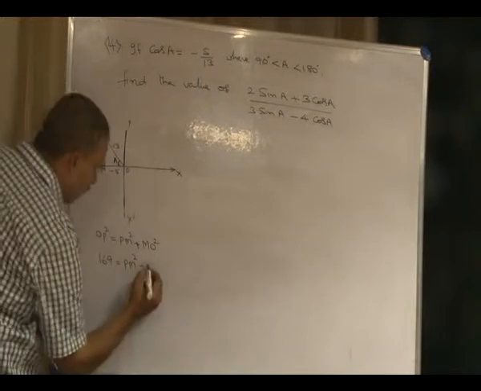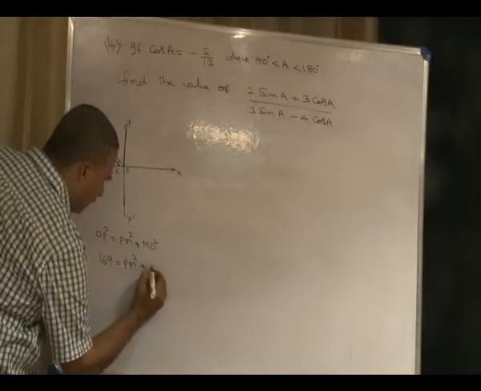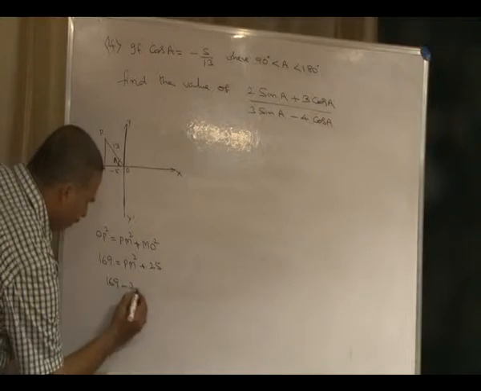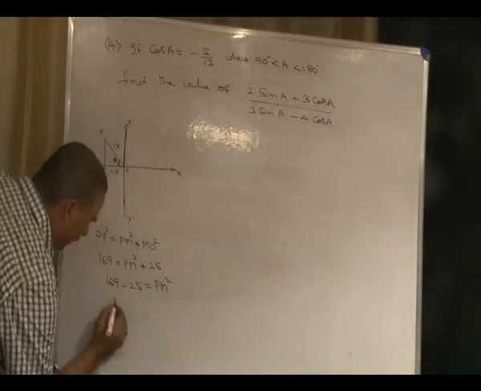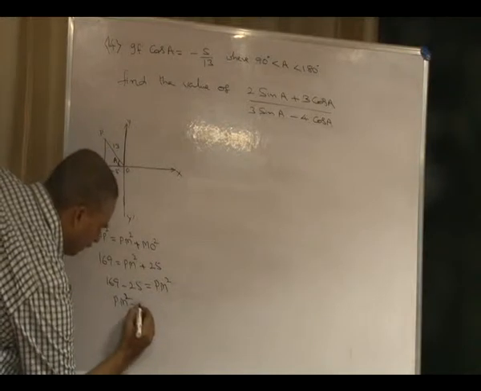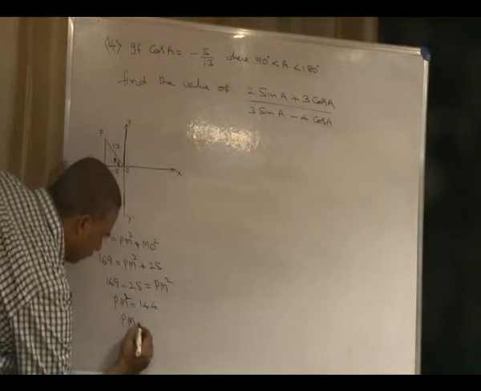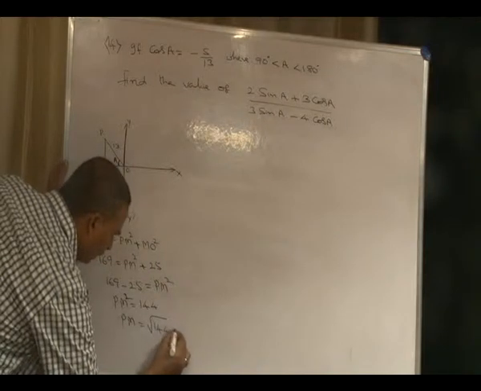MO is minus 5, the whole square is plus 25. 169 minus 25 equals PM square. PM square equals 169 minus 25, which is 144. PM equals square root of 144, that is equal to 12.